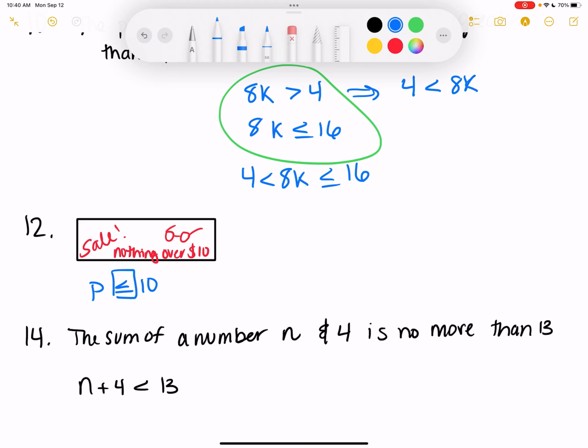n plus 4 less than 13. So which one is no more than?